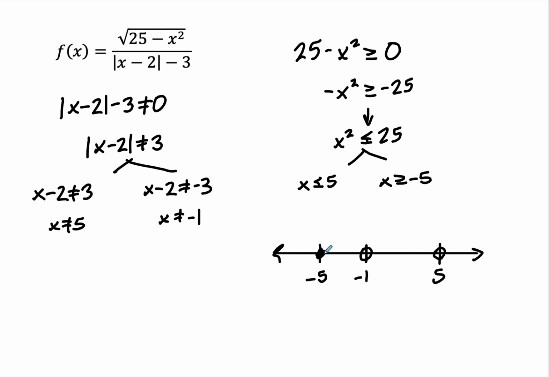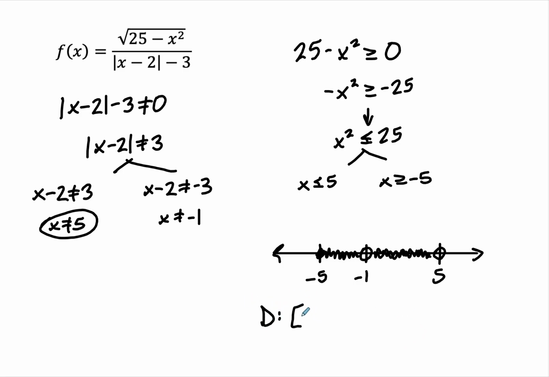Now remember, I talked about it's just going to be this enclosed region. So what's going to happen is everything greater than or equal to negative 5, it will include negative 5, and then everything up until 5. Normally we would include it, but because of this, we have to not include it because we can't have a 0 in the denominator. So here's our final answer then.